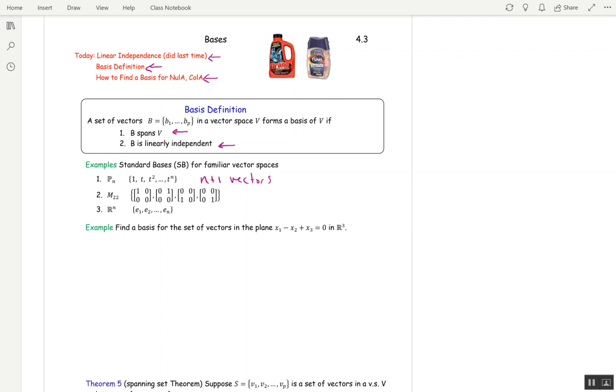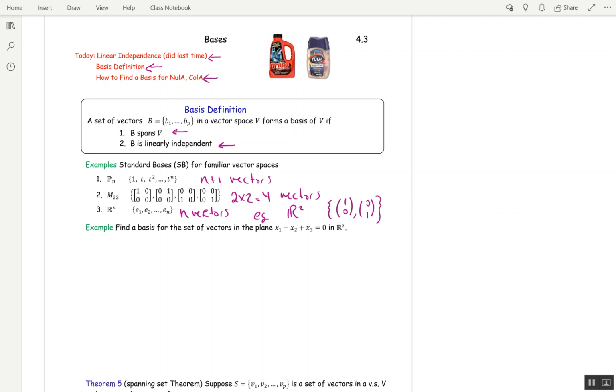For M22, it's the four matrices that have a 1 in one spot and zeros everywhere else. And that's got 2 times 2 equals 4 vectors. And for Rn, we've got e1 through en, that's n vectors. For example, in R2, the standard basis would be (1, 0) and (0, 1).